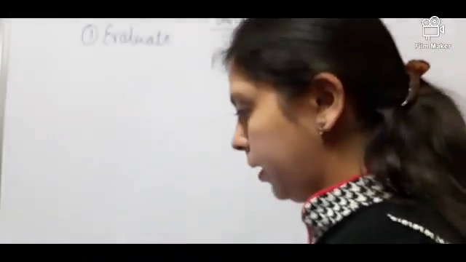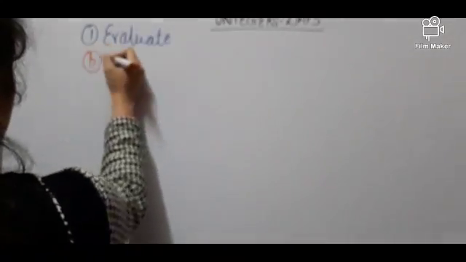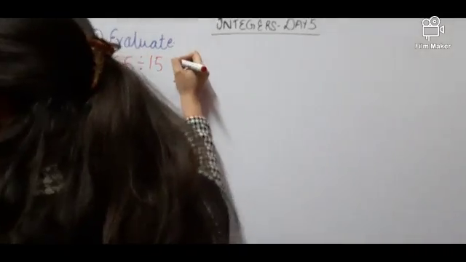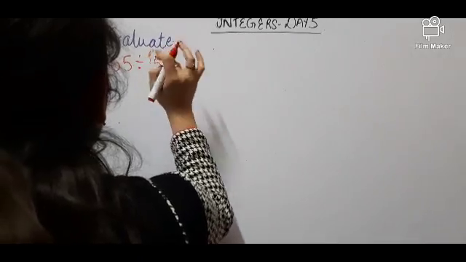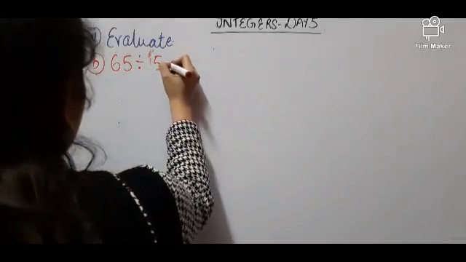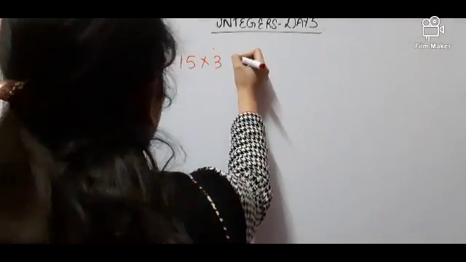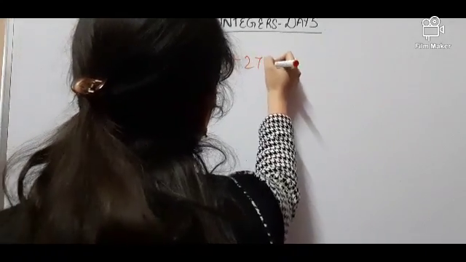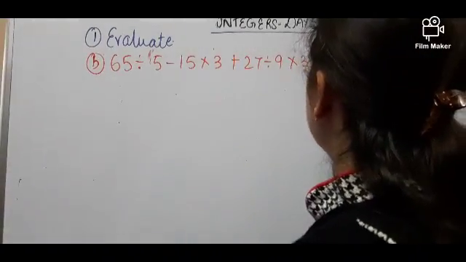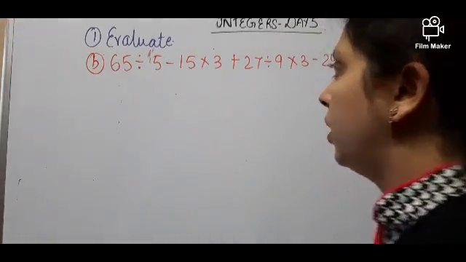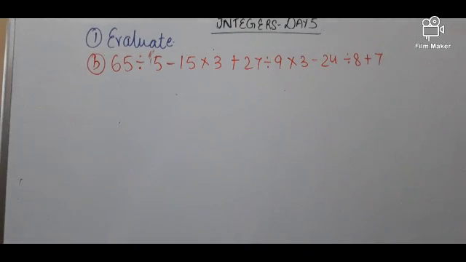The next question is 65 divided by 5 minus 15 times 3 plus 27 times 27 divided by 9 times 3 minus 24 divided by 8 plus 7. Okay, let's start this question. We have all the signs in this question.